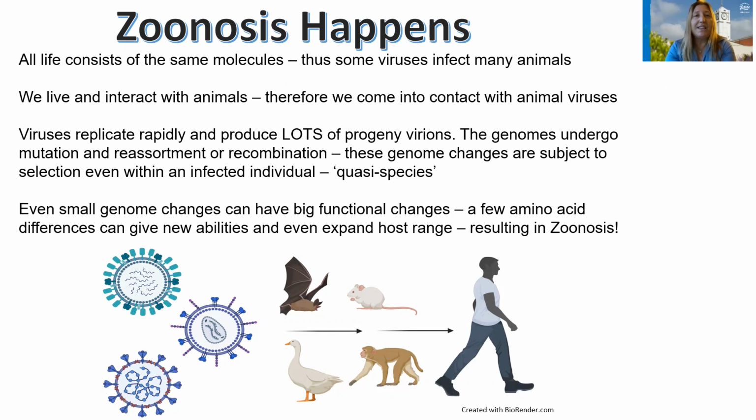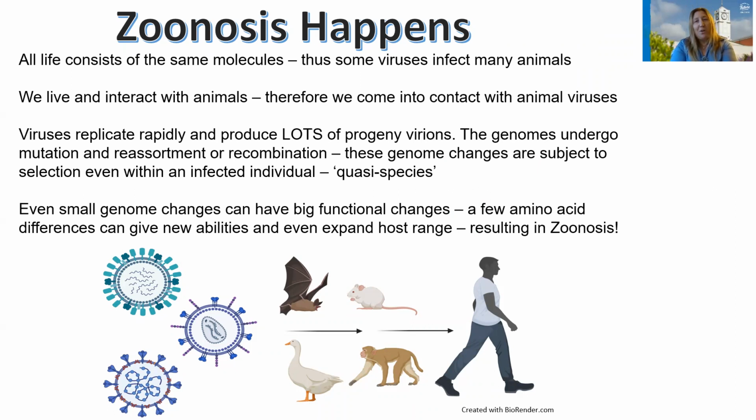And viruses change constantly. Every replication cycle, they are changing, and those changes are selected for. So viruses replicate rapidly and produce lots of progeny. The genome changes are subject to selection, even within an individual. And so you can understand how easily that evolution can happen with viruses.